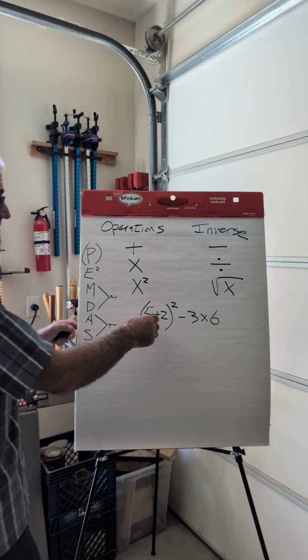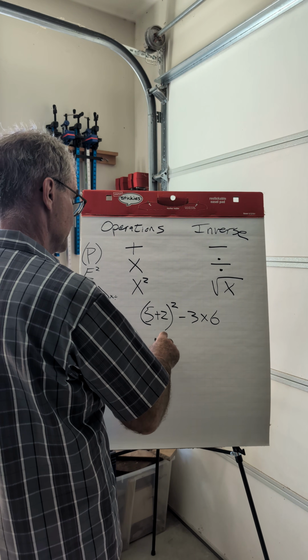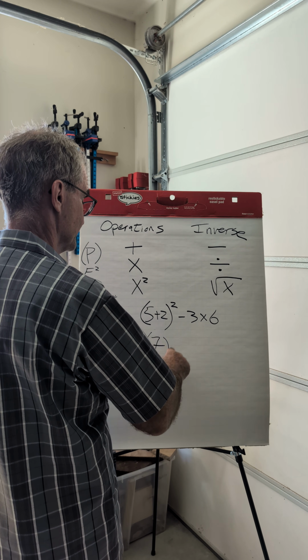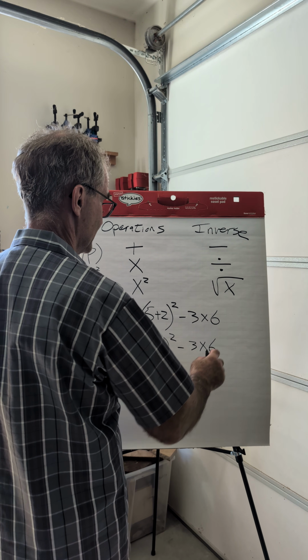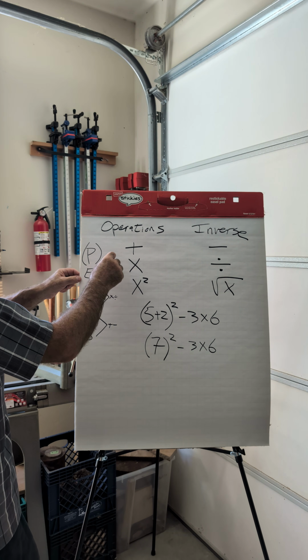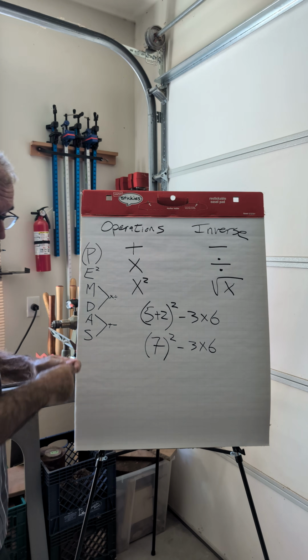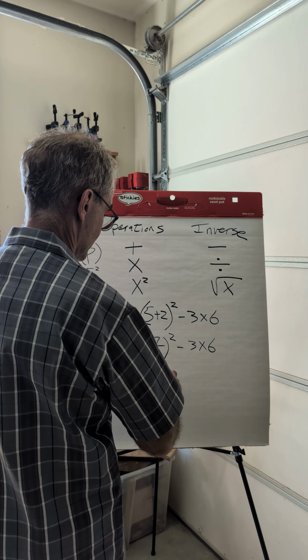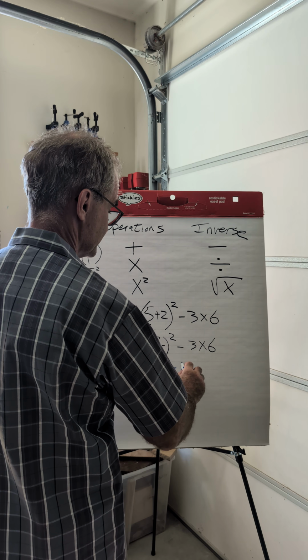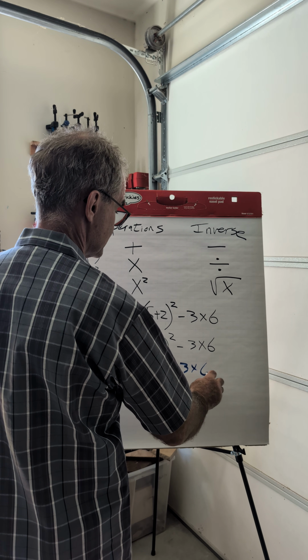So the first thing I do is I do my parentheses. 5 plus 2 is 7 squared minus 3 times 6. After I do that, I go to my exponents. 7 squared is 49. 49 minus 3 times 6.